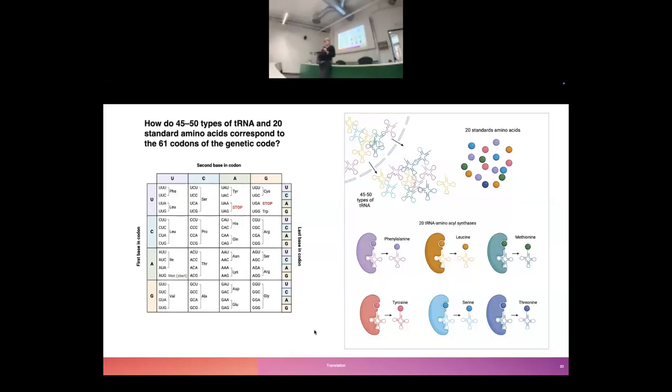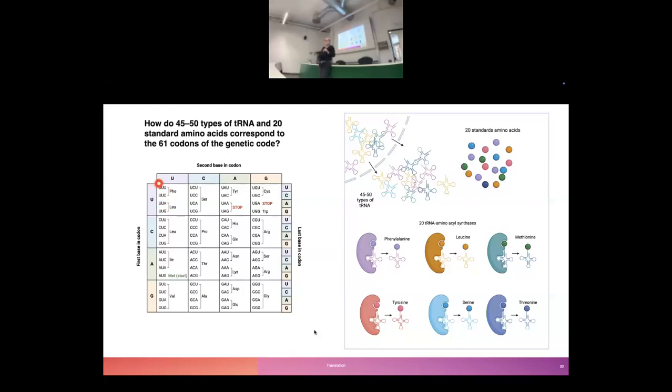So one possibility is that the same enzyme will accommodate two types of phenylalanine tRNA, namely the one with the anticodon that is complementary to UUU and the one that is complementary to UUC.